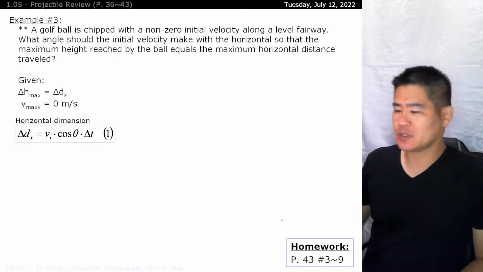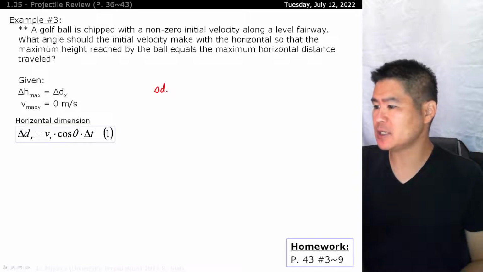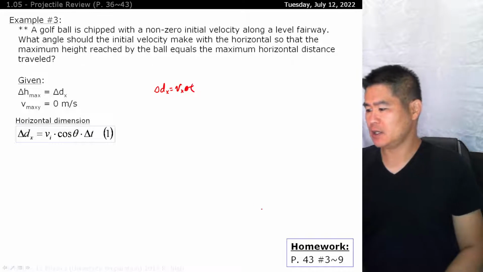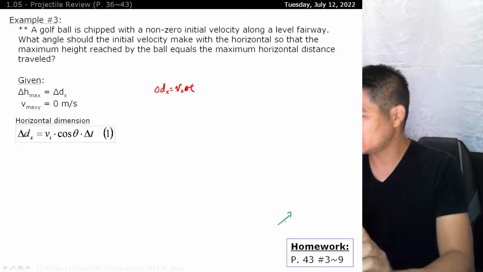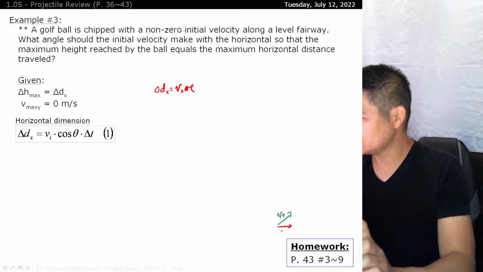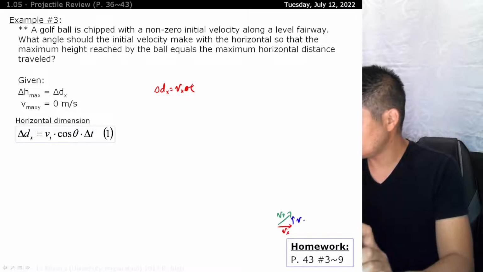As mentioned before, the generic formula that you use for the horizontal dimension is delta dx is equal to vx delta t, and based upon any given projectile, I'm just going to draw a generic one over here. That's the VI. Here's my horizontal component, and here's my ever-changing Vy component.